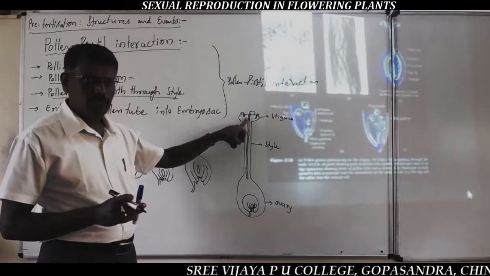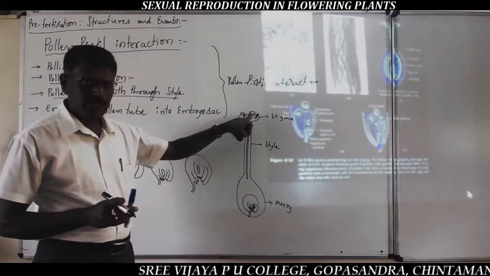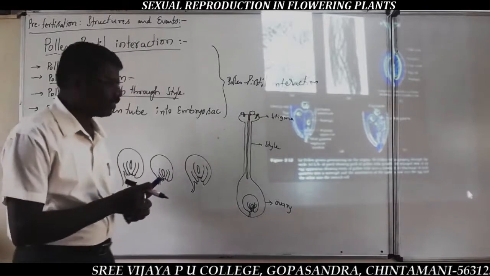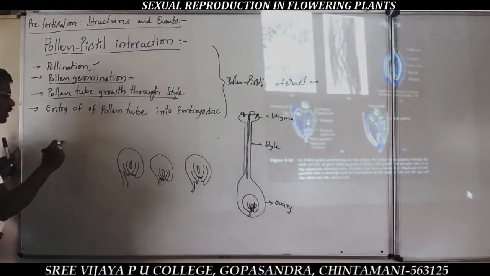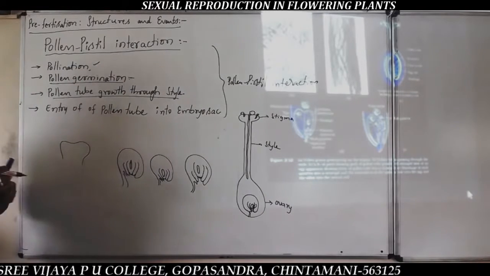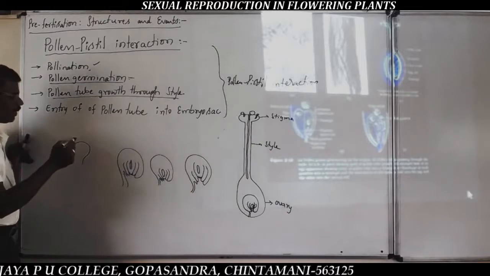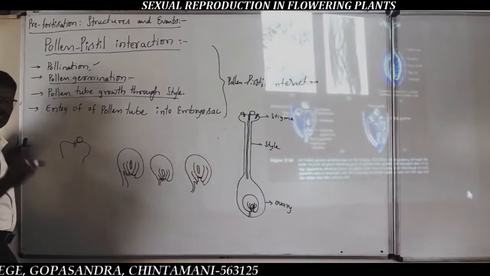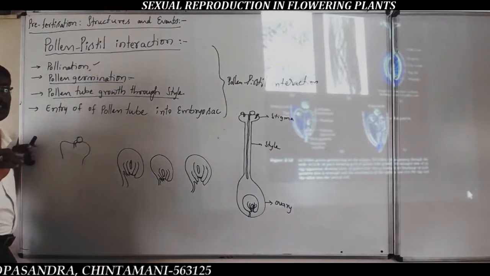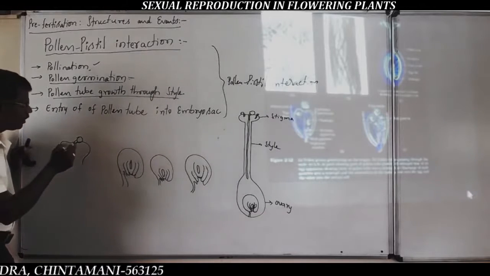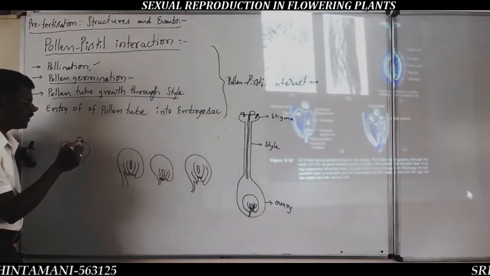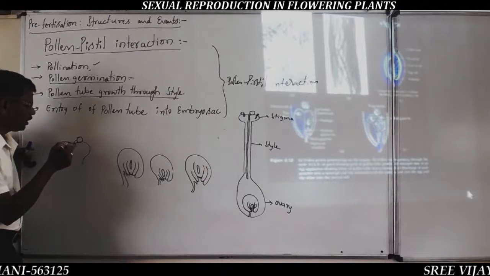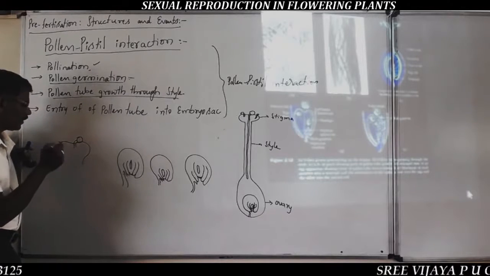The pollen tube emerges from the pollen grain which has entered the stigmatic surface. The pollen tube enters the stigmatic surface through the intercellular spaces of a layer of cells present in the stigmatic surface.